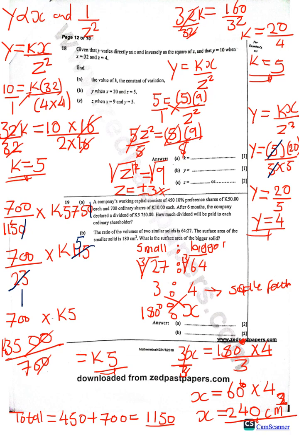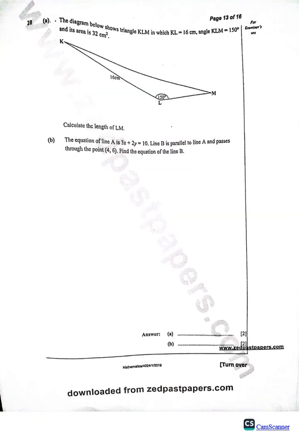Okay, now let's move on to question 20. The diagram below shows triangle KLM, in which KL is equal to 6 centimeters, angle KLM is equal to 150 degrees, and its area is 32 square centimeters.